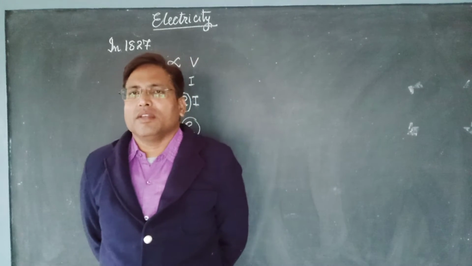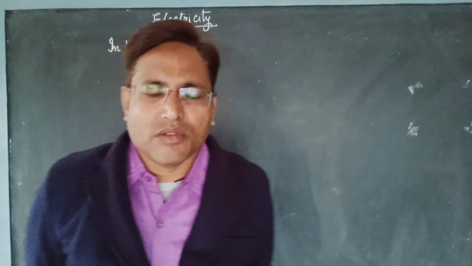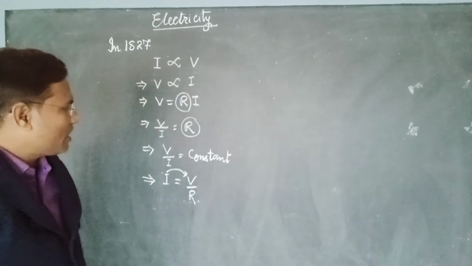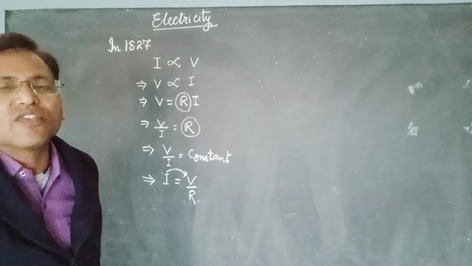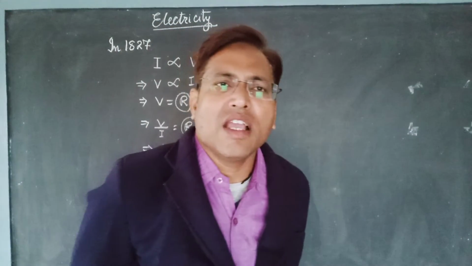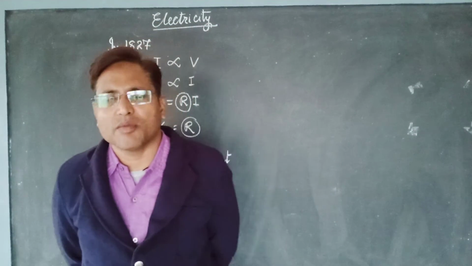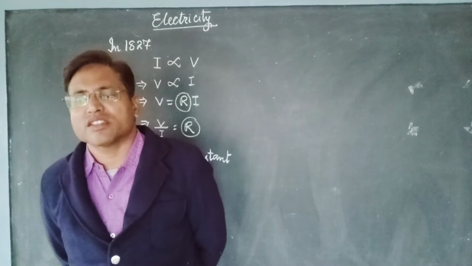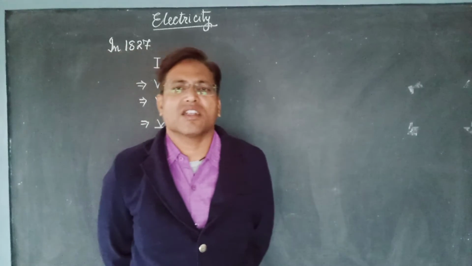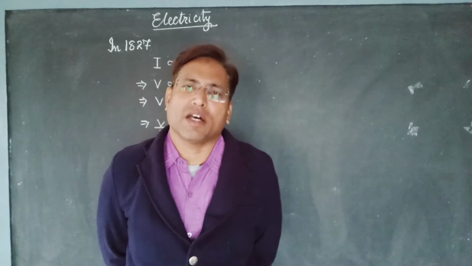And in conductors and insulators, we can write the definition this way. In the lower classes you have studied the definitions of conductors and insulators, that conductors are those that allow electric current to pass through them.